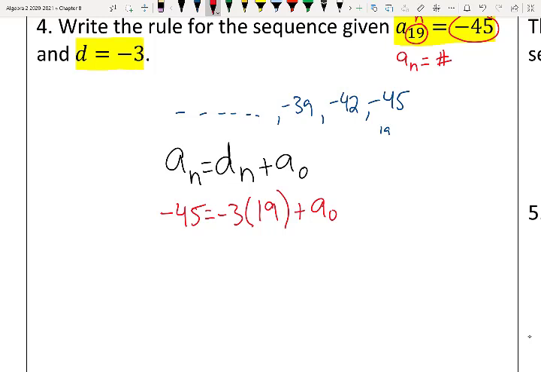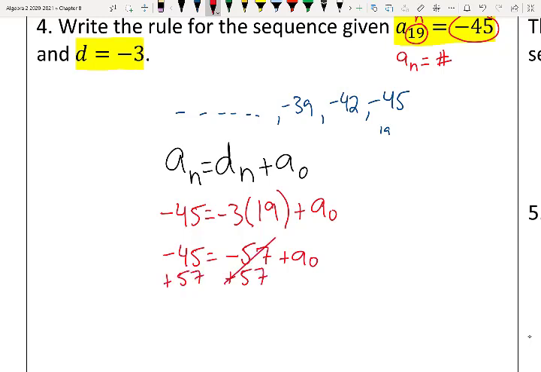So from here, you're just solving for a sub 0. So we are going to go ahead and multiply by negative 3. So negative 45 equals, what is that? Negative 57 plus a sub 0. So then I'm going to add 57 on both sides.